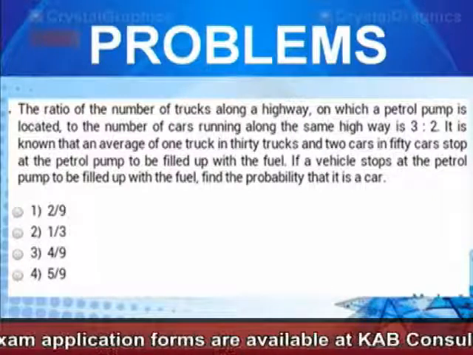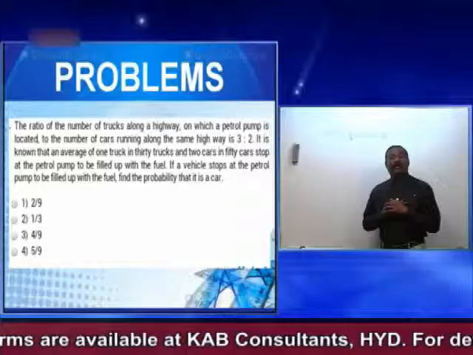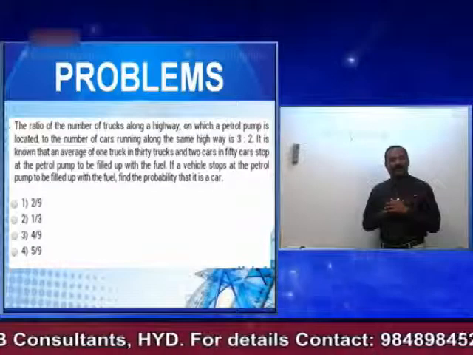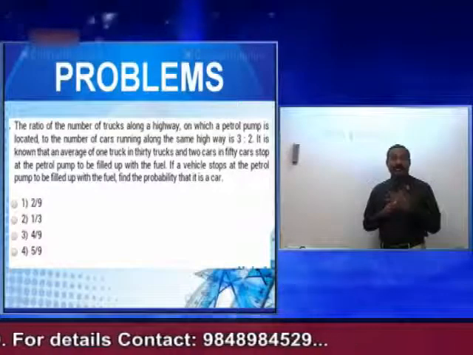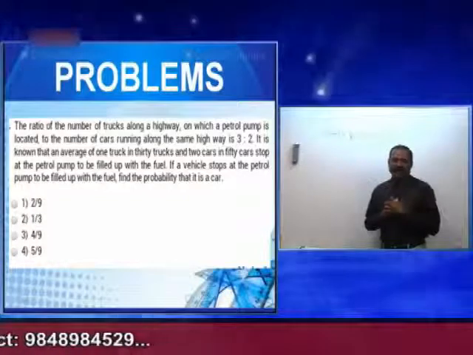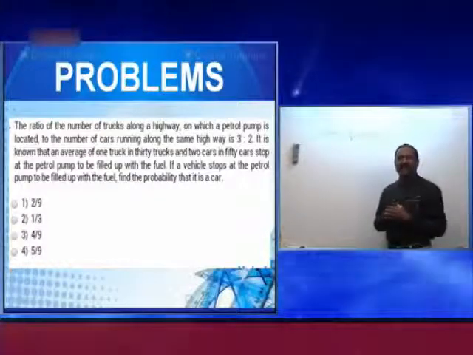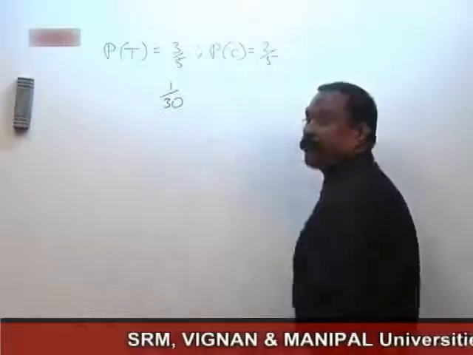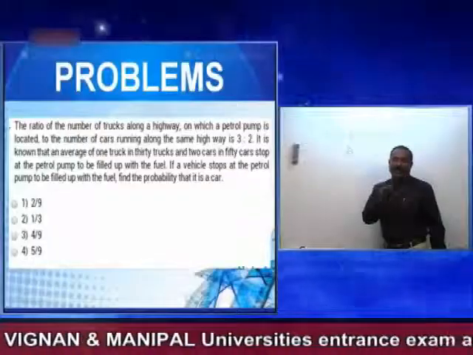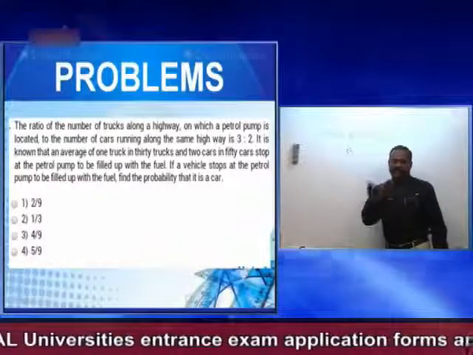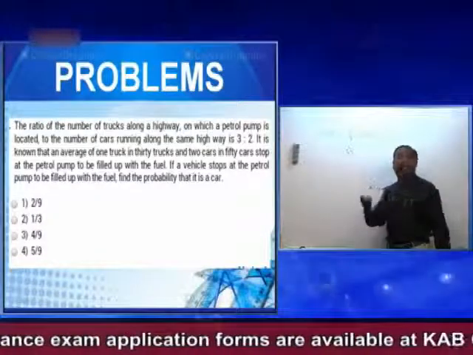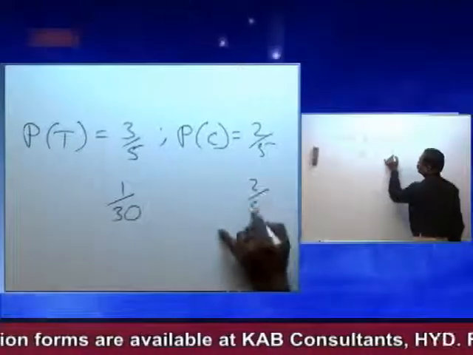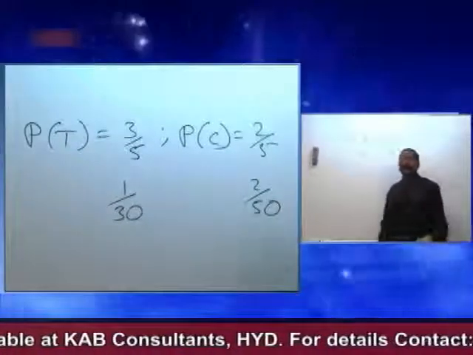So how many trucks will be filling up petrol? The probability is clearly given. An average of 1 truck in 30 trucks is given, and similarly, 2 cars in 50 cars, to fill the petrol.